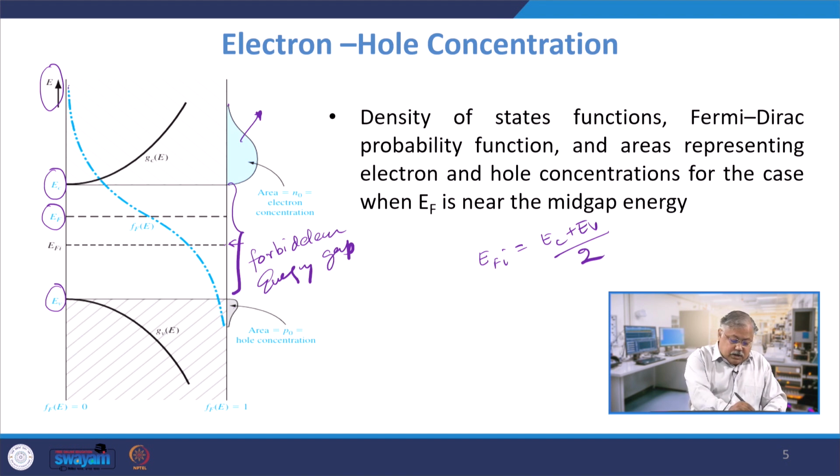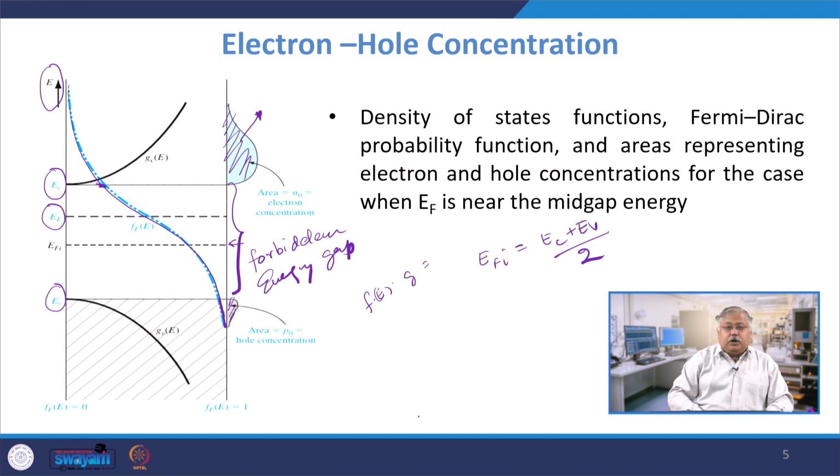If you plot F of E, this dot and dashed curve, you see it is mostly included within the conduction band and goes to a very low value near the valence band. So if you multiply F of E with the density of states, this will be a very small quantity here and a very large quantity there.